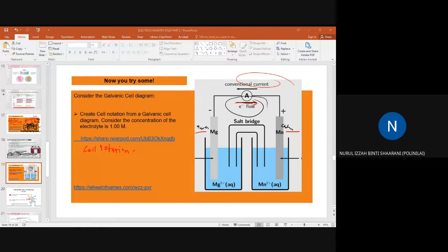Okay, dah siap? Aisyah Noraziah ada? Ya, madam. Dah siap? Dah. Type dekat chat box tu. Dua-dua anode dengan cathode. Cell notation kenalah ada anode dengan cathode.